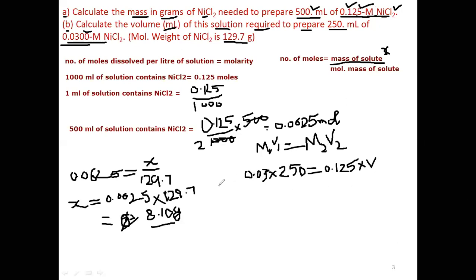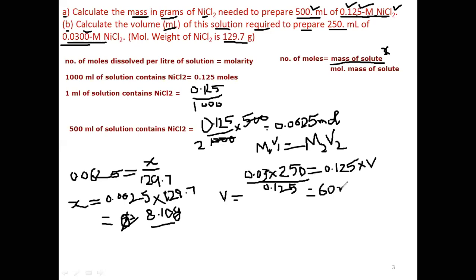Now we can easily calculate V. So V will come out to be equal to 0.03 into 250 divided by 0.125. If you solve it, it will come out to be 60 ml.